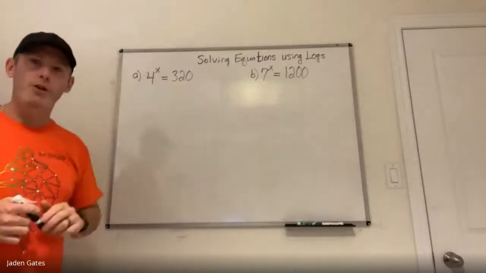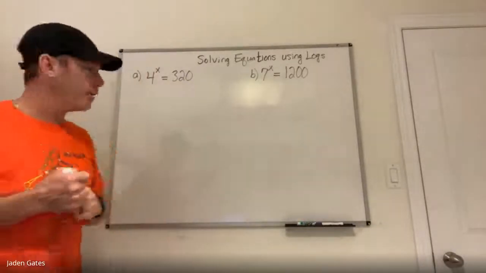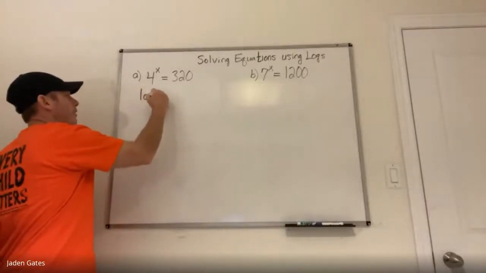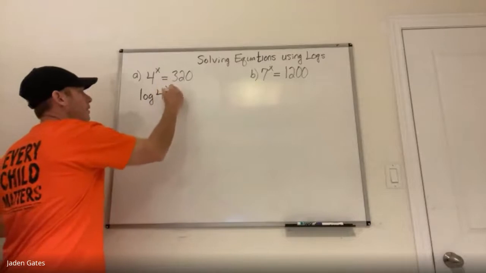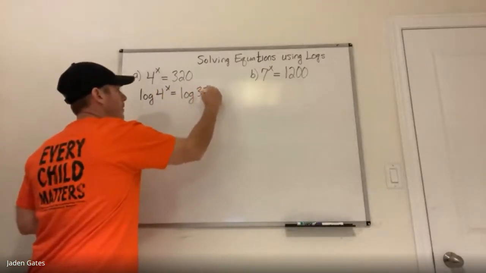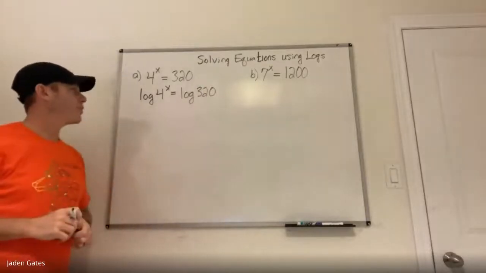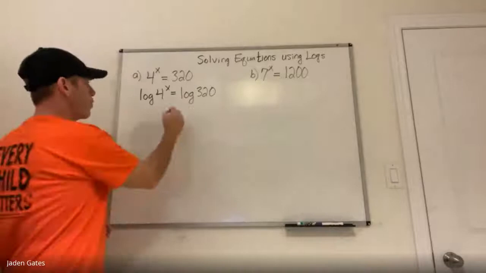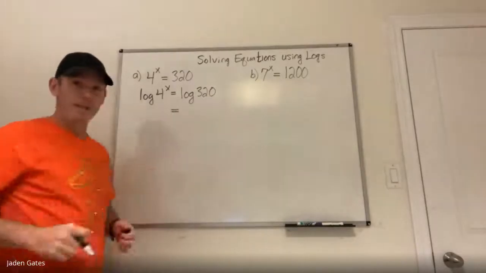Here's what I'm going to do. I am going to take the log of both sides. There we go. So I've just taken the log of both sides. Now the log of 320, that's a number.